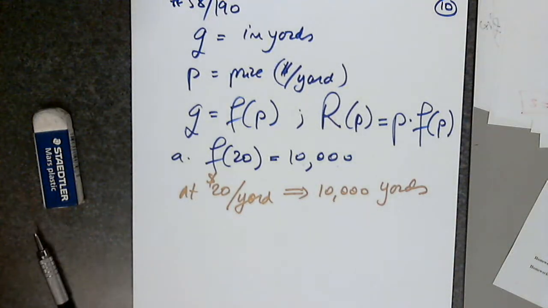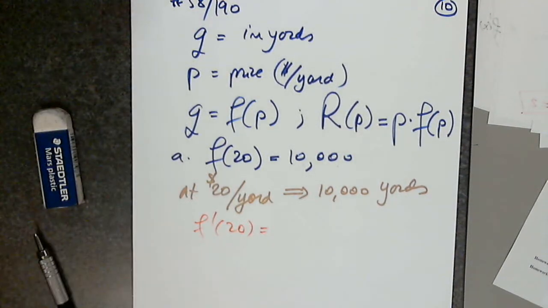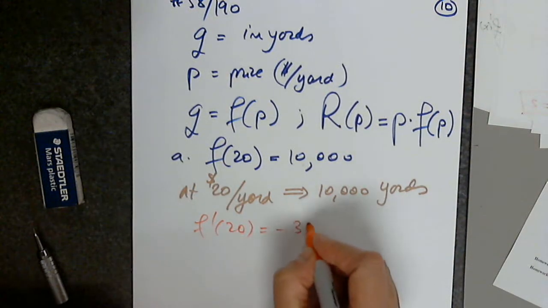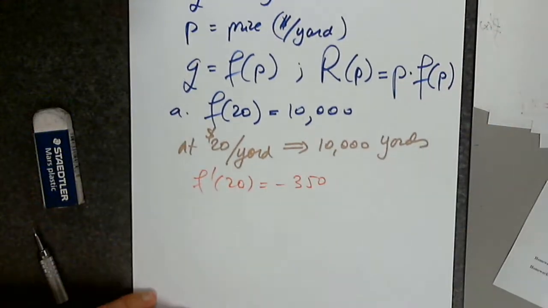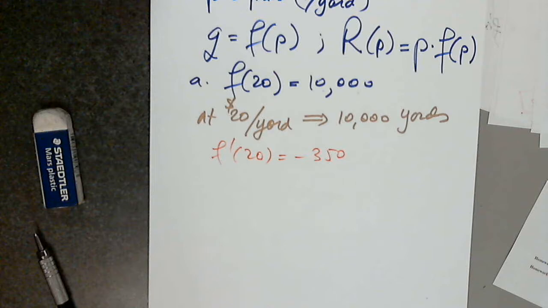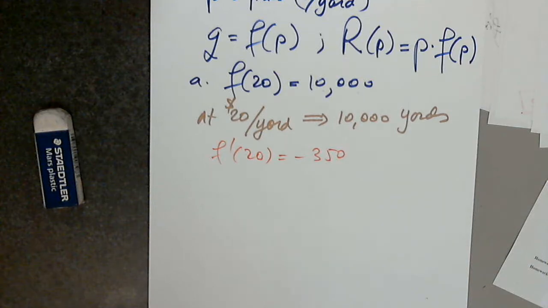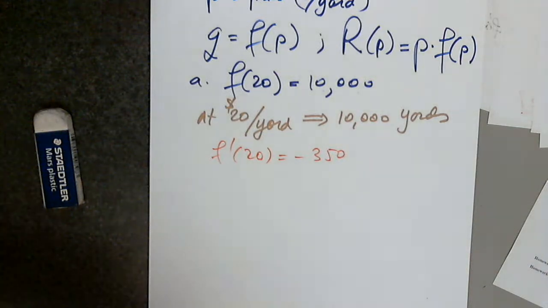Okay. Part A also, and F prime of 20, they say equals negative 350. Nobody told them to write measurement units. That's bad. But anyway, we are told F prime of 20 equals negative 350.